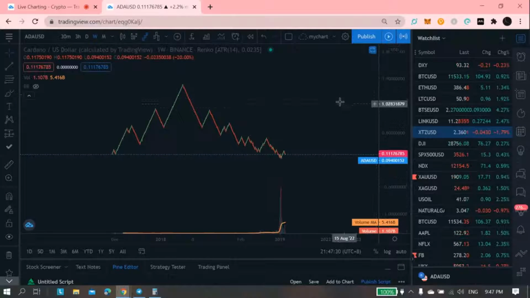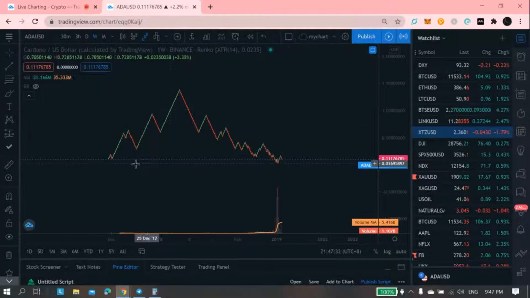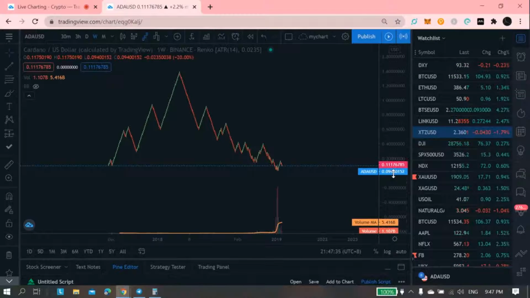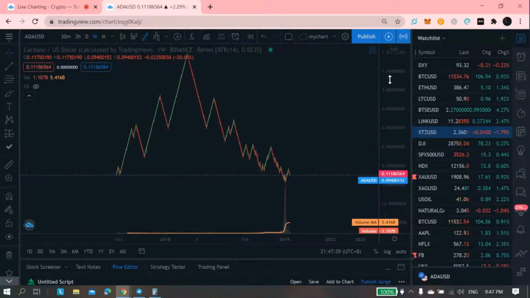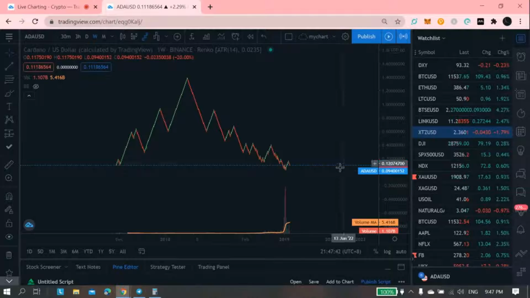So it seems like ADA is, actually I have no position here, almost reached the bottom.